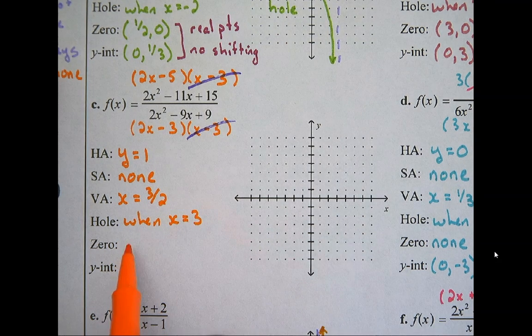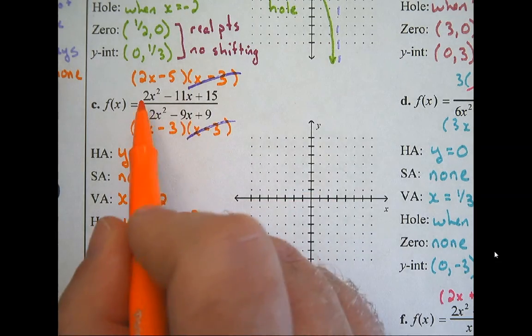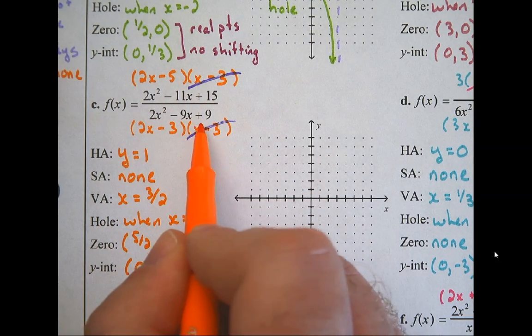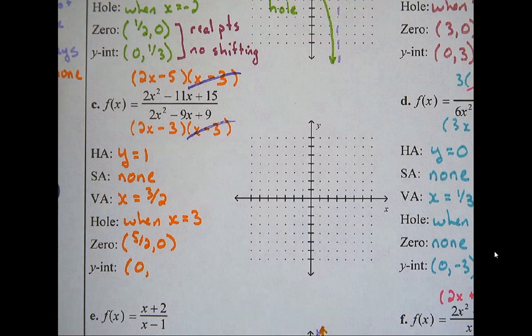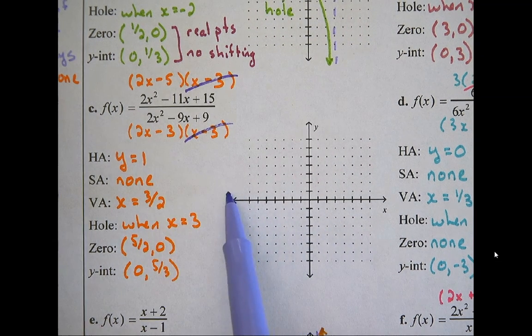Do we have any zeros in the numerator that don't cancel? Yes. 5/2, 0. Y-intercept: put in 0 for x. 15 over 9, divided by 3, 5 over 3, 5/3. All right. Asymptotes, y equals 1.